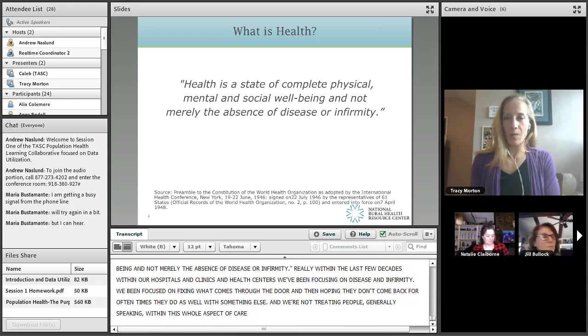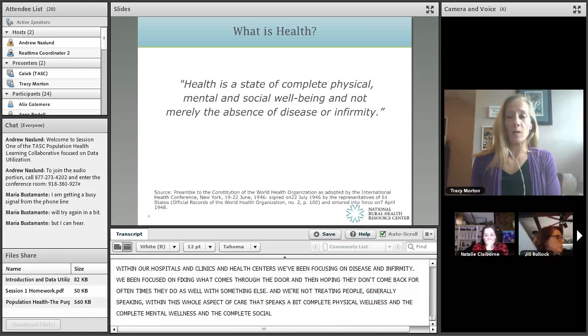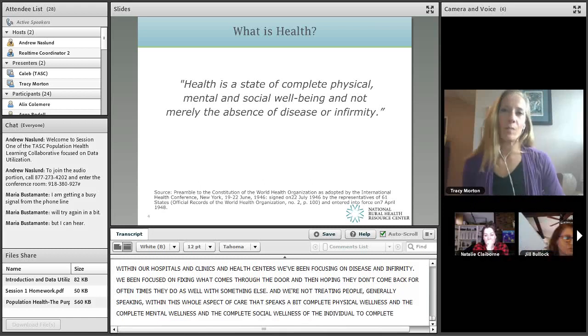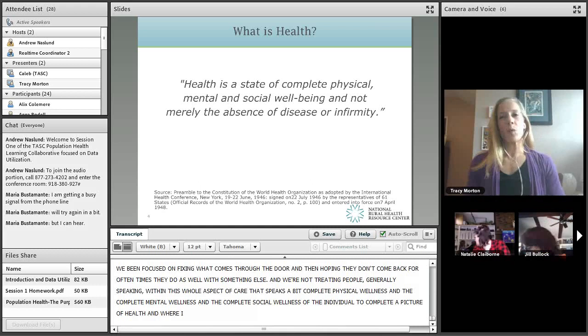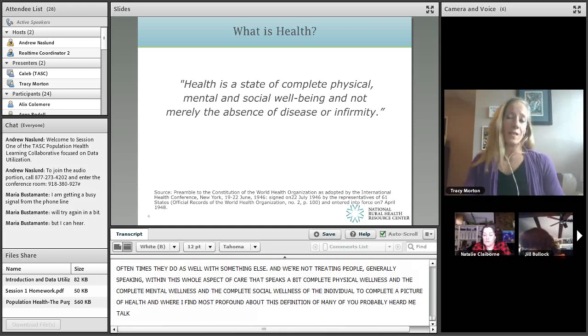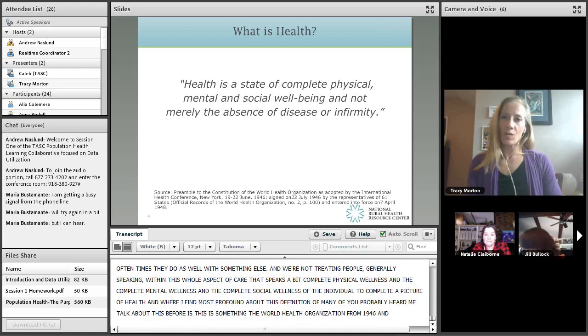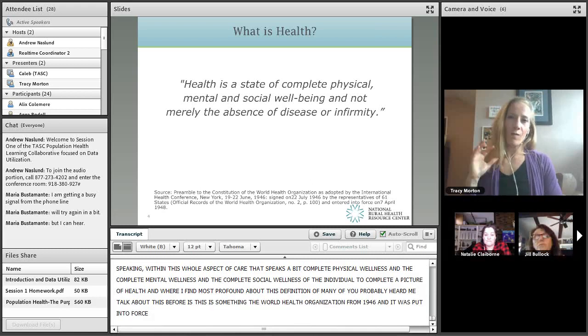We've been focusing on fixing what comes through the door, sending people back off again, and hoping they don't come back, but oftentimes they do, with something else. Generally speaking, we're not treating people with this whole aspect of care that thinks about the complete physical wellness, the complete mental wellness, and the complete social wellness of that individual to create a full picture of health.